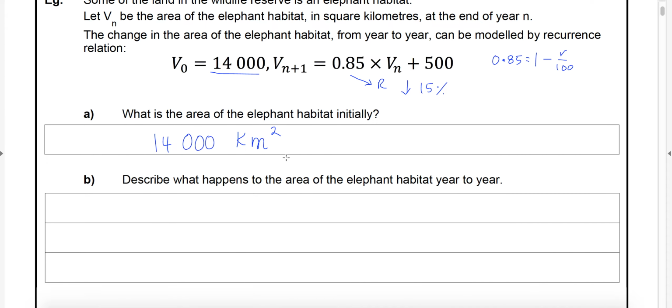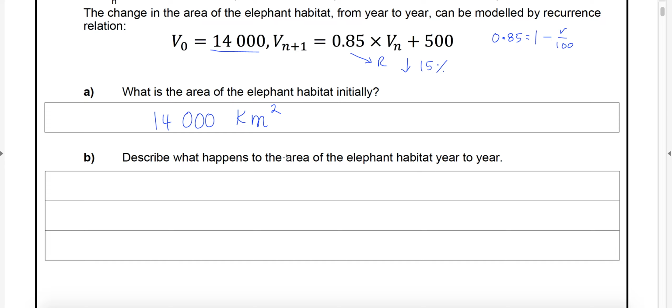This next question is asking us to describe what's happening year to year. So basically describe this part of the recurrence relation and then that part, the plus 500. So we established that it's decreasing, so it decreases by 15%. And after that, 500 square kilometres is added.